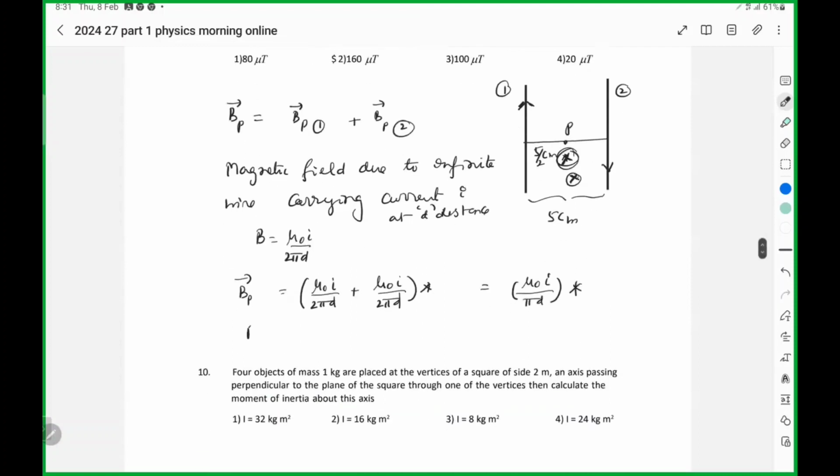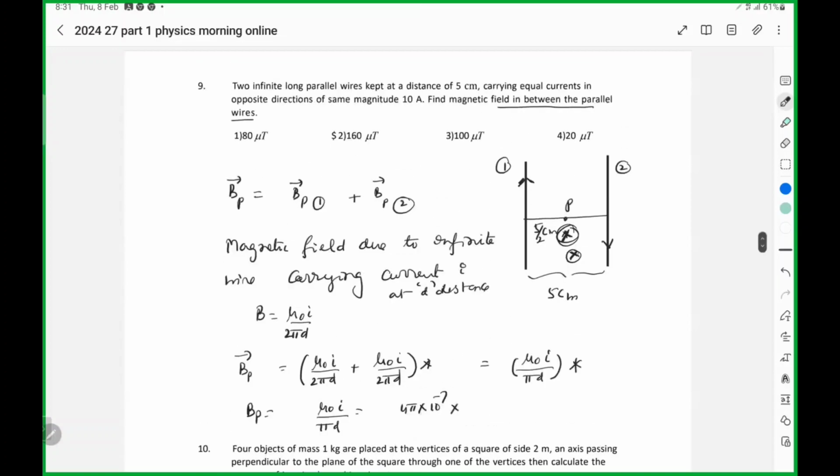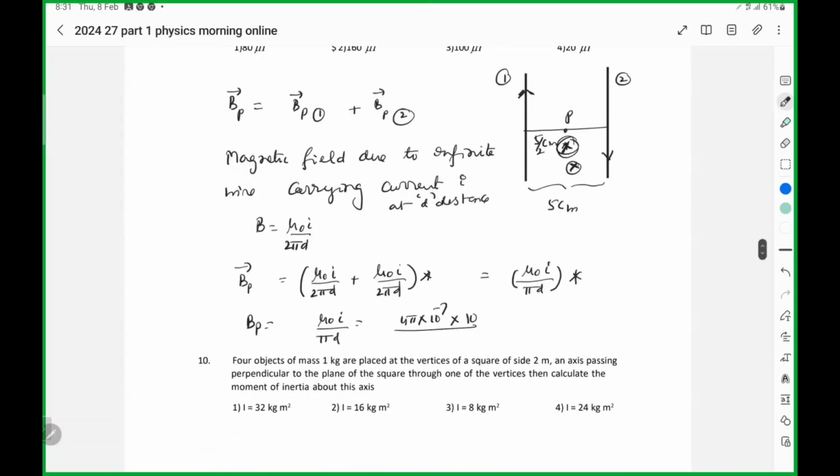Since he is asking only the magnitude, without direction we can write mu naught is 4 pi into 10 power minus 7, and I here is the current, 10 amperes. The distance will be how much? This is distance pi by 2. So here it is 1.6 into 10 power minus 6.